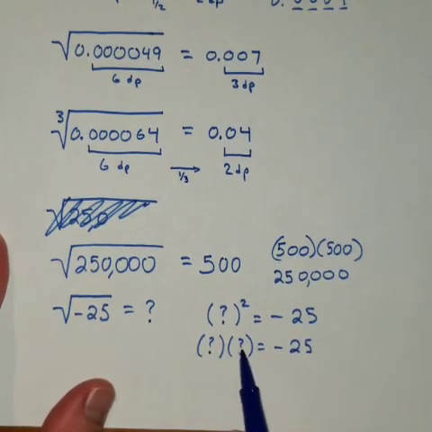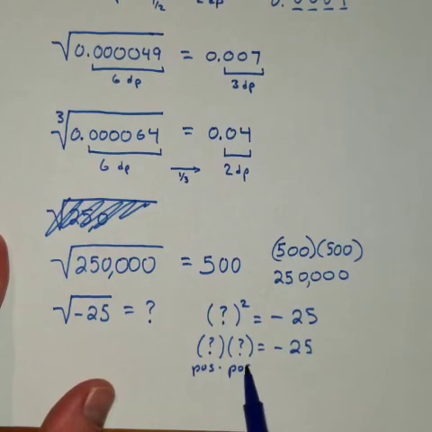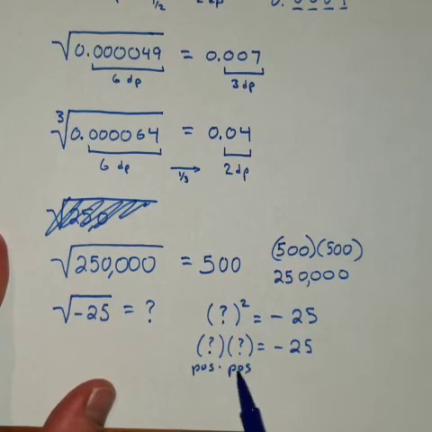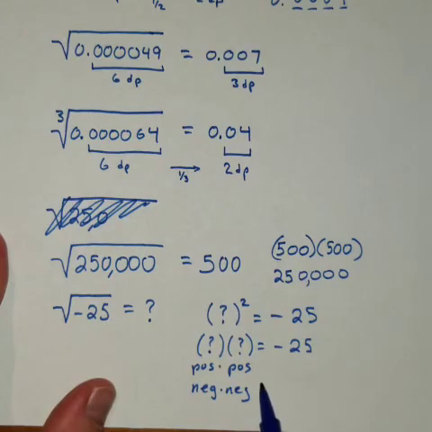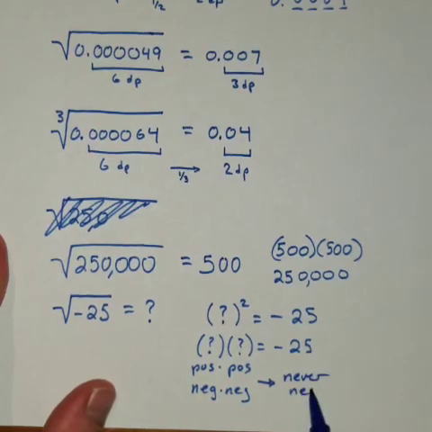Remember, if these are the same thing, then they're either both positive, so it'd be positive times positive, or they'd both be negative. You can't have any other combination because they have to be the same thing. But in both of those cases, you get a positive answer. It's never negative. Okay? Positive times positive is positive, negative times negative is positive.